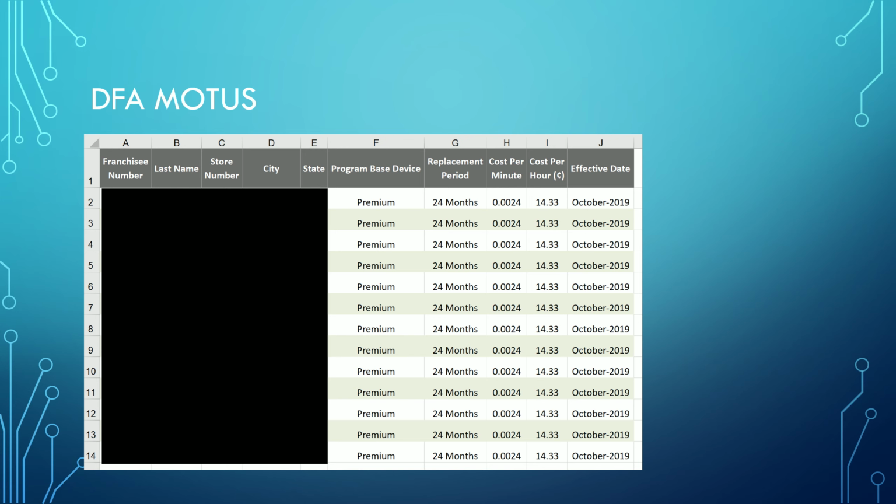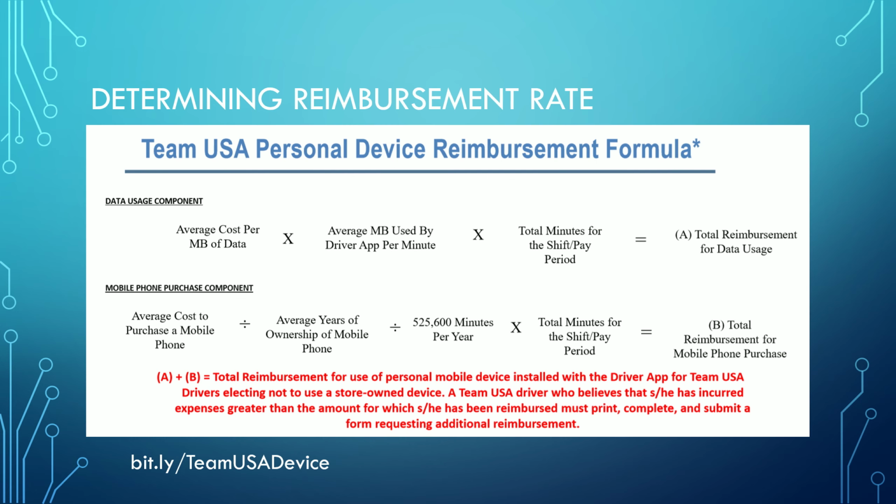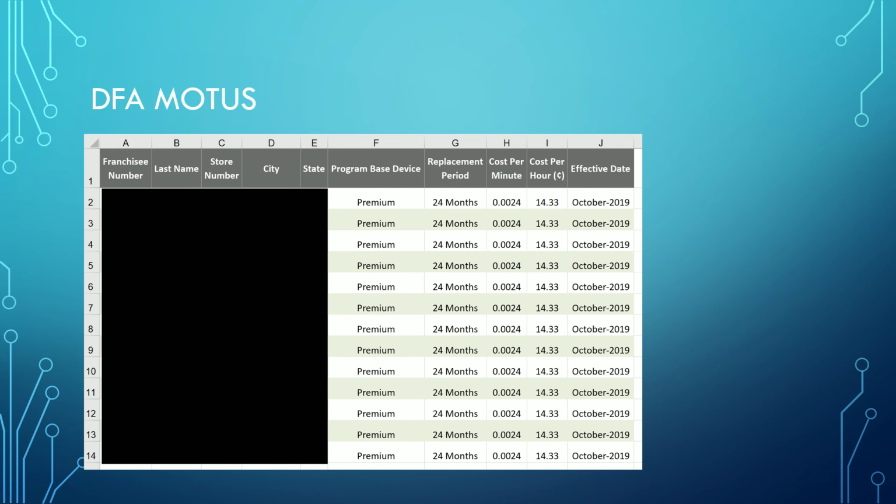So you can either do the calculations yourself using the document or some formula of your own, or you can use the DFA and Modus to make those calculations for you. Here we see we came down to 14.33 cents cost per hour. I've seen as low as 13.95 and as high as 15.57.